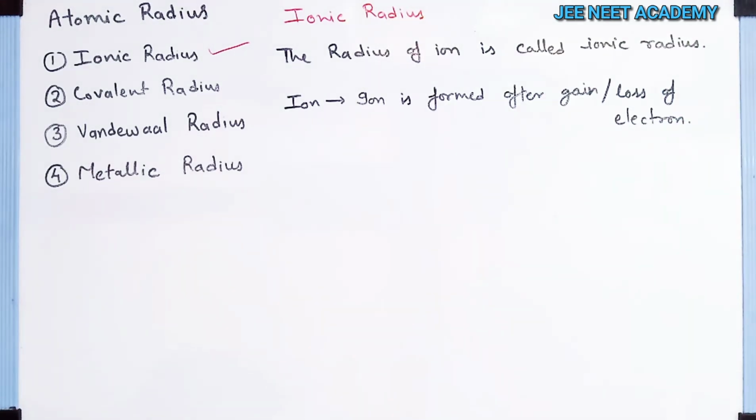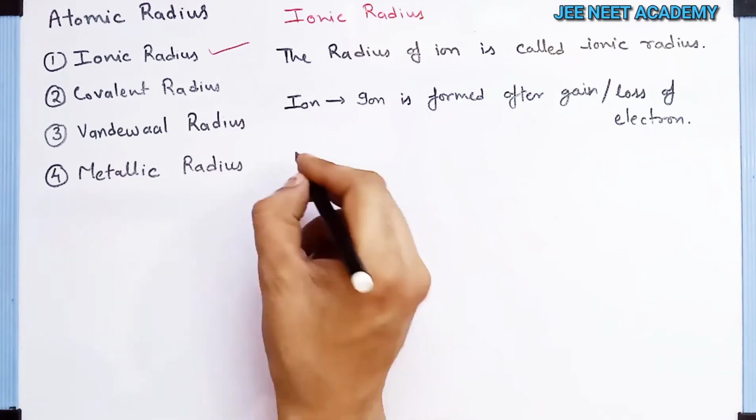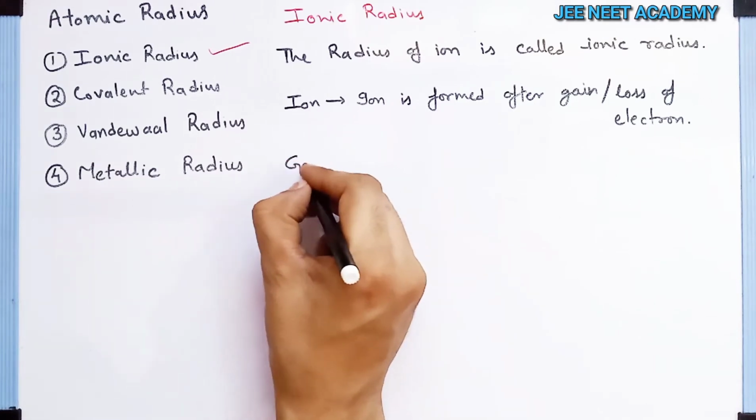What is gain of electron? When an atom is gaining electrons or getting more electrons, that is called the gain of electron, and it forms an anion.